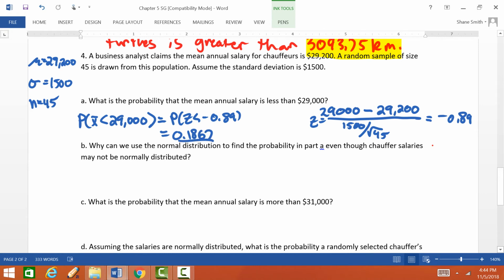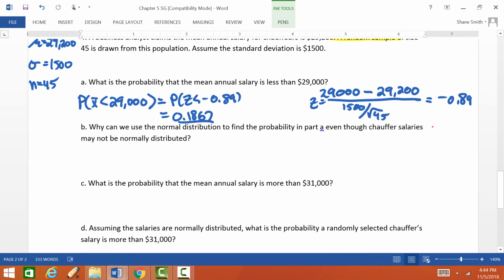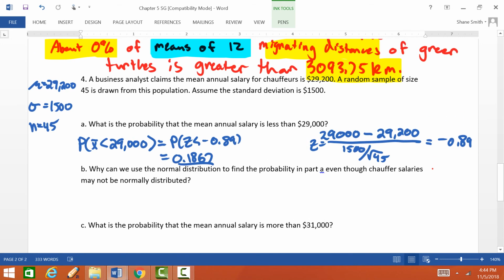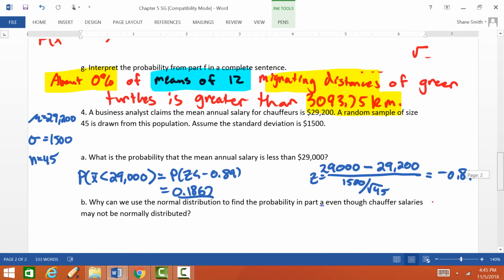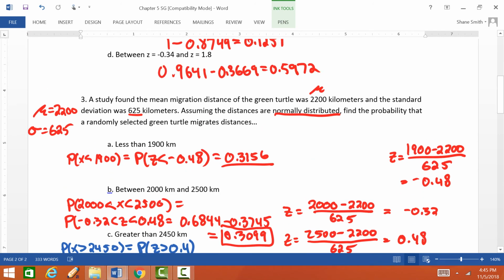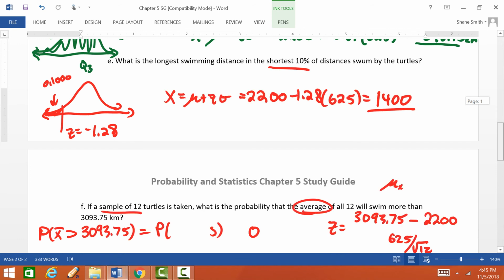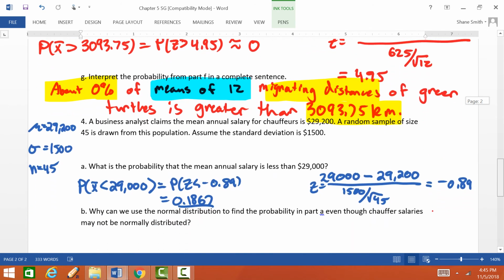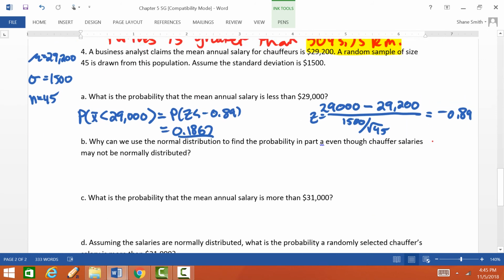So that's the probability. Why can we use a normal distribution to find the probability in part A, even though chauffeur salaries may not be normally distributed? So this is a key part here. Why can I assume a normal distribution? If you go back to the green turtle problem, it says the distances are normally distributed, so we can use the table, but there's nothing that says I can do that here.